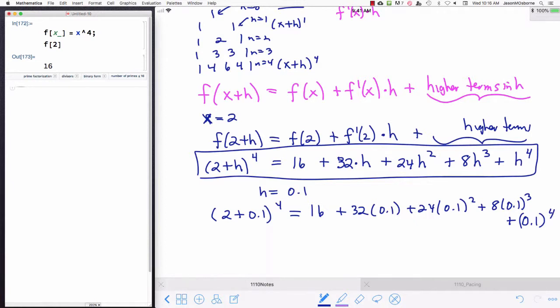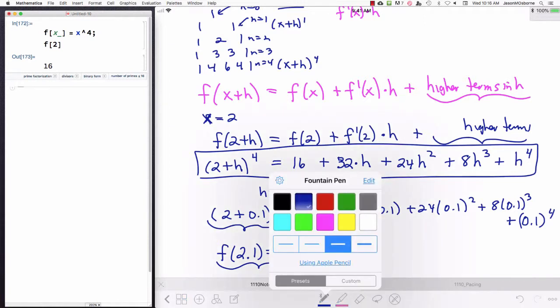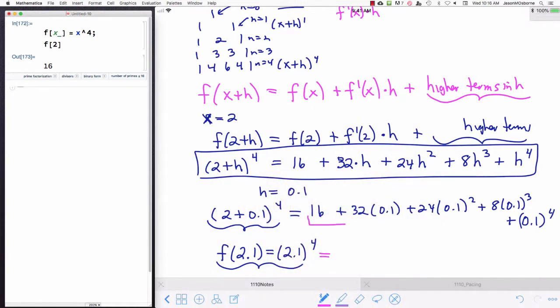So what we're saying here is that the function evaluated at 2.1 is 2.1 to the fourth power. That's what we're seeing right here, and the other side of the equal sign tells you what the answer is.